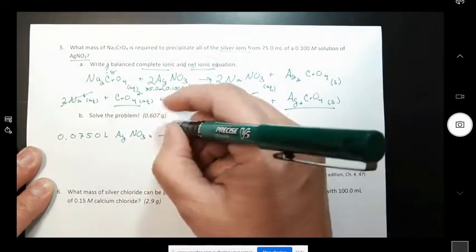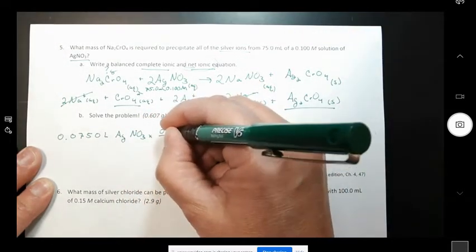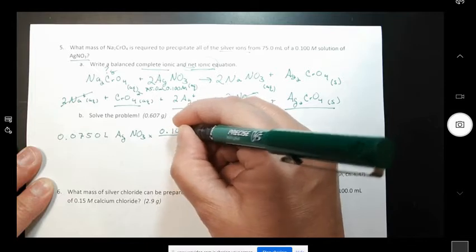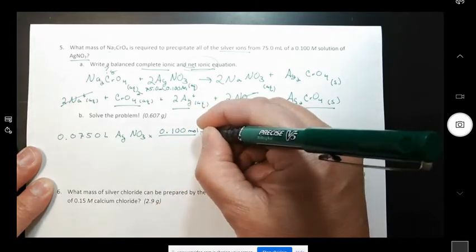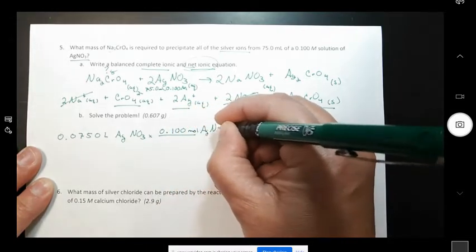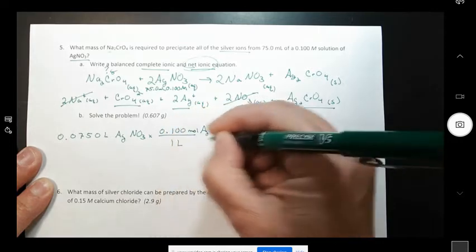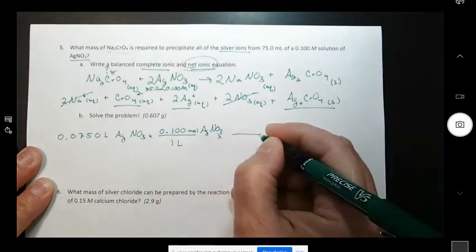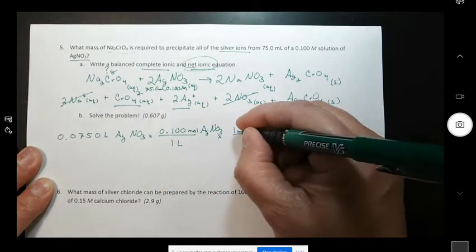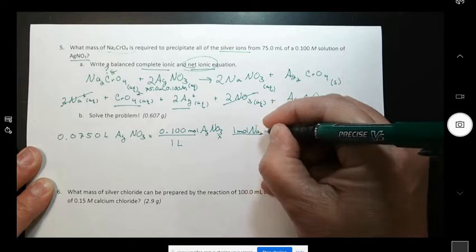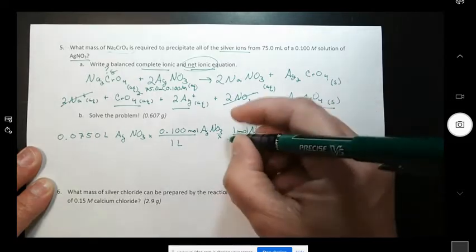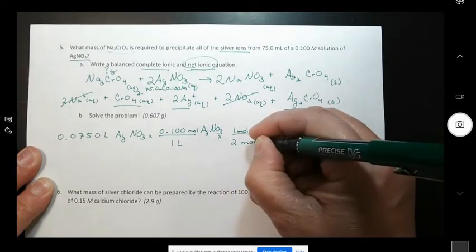And we know that there are 0.100 moles of silver nitrate for every 1 liter. And we know that our mole ratio is 1 to 2. So 1 mole of Na2CrO4 for every 2 moles of silver nitrate.